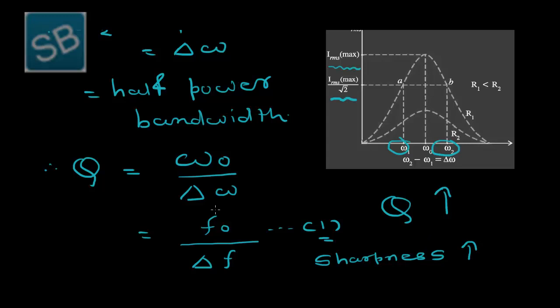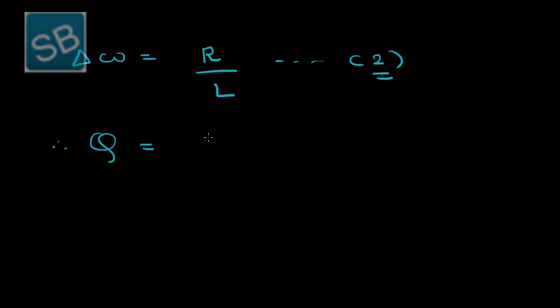Including this particular topic we have the value of delta omega as R over L. This R over L means resistance over inductance, which is given by the frequency range, and now I am substituting the value of equation number 2 into equation 1. So the Q factor will be omega 0 L over R, and that is equation number 3.